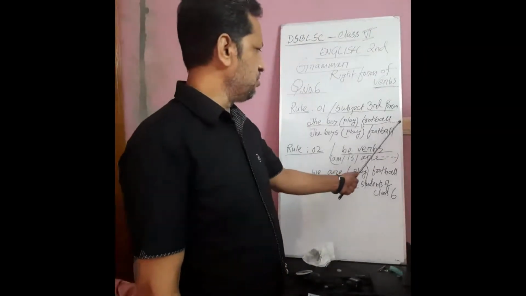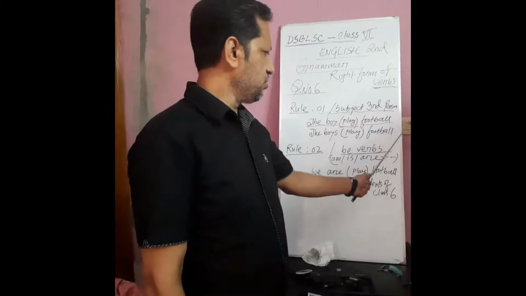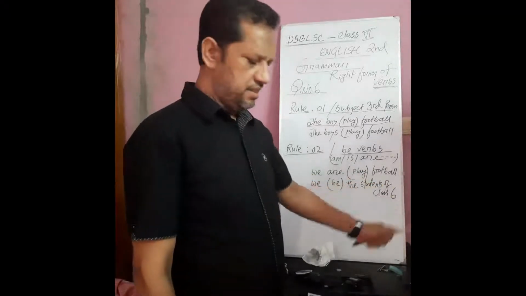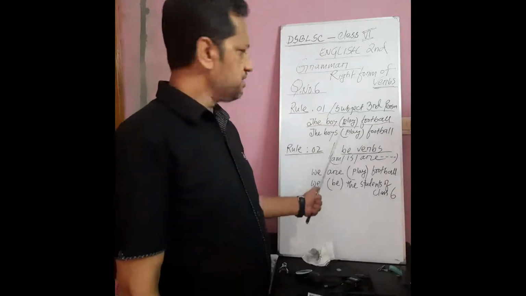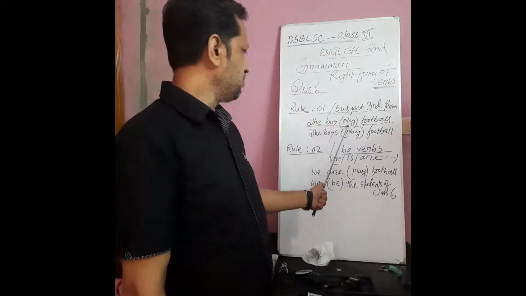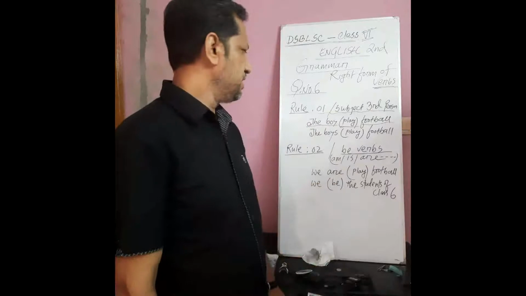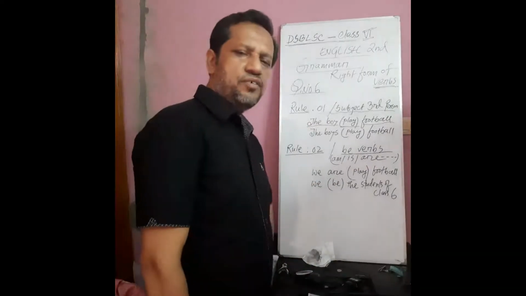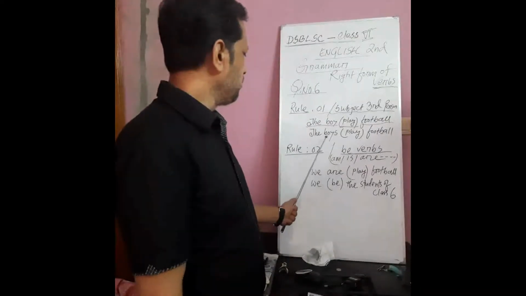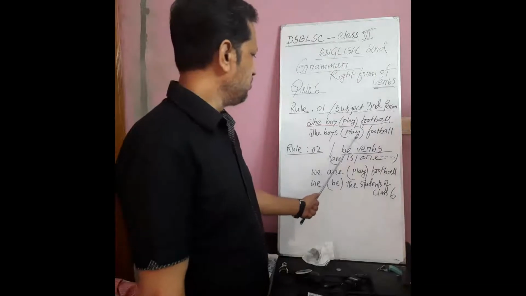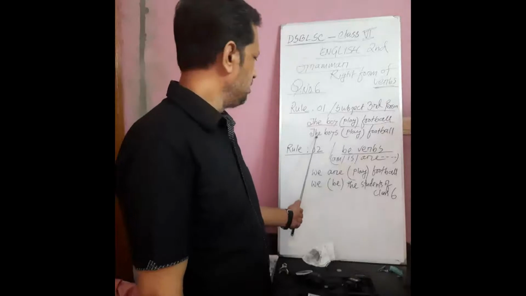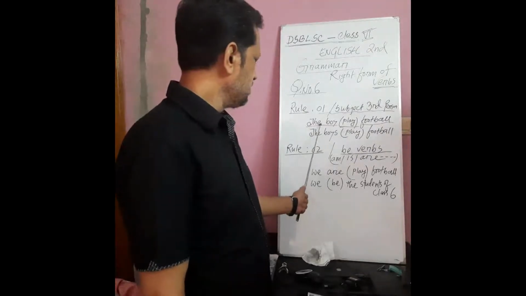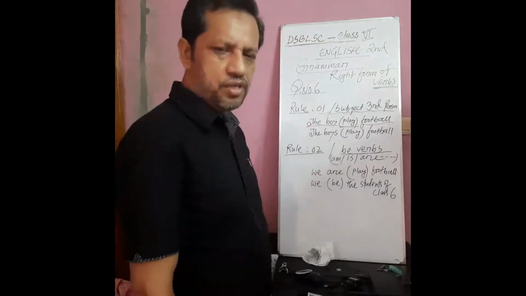Just in the afternoon or daily or regularly you may add in the sentence. But the main parts of the sentence are subject, verb and object. Here look, the boys play football. Here the boys is not alone. The boy is singular, boys is plural.